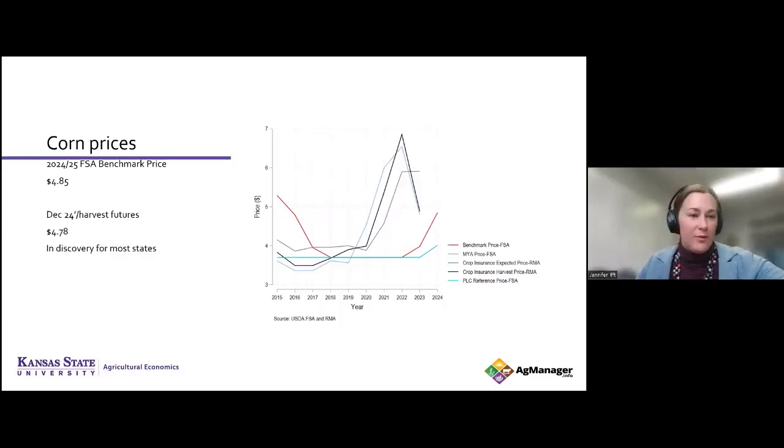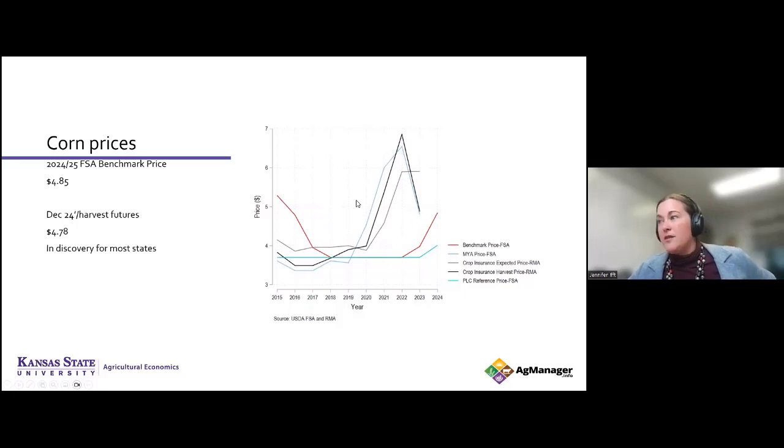So here we have corn prices. What this chart does is compare the FSA benchmark prices that go into ARC. We have the reference price down here, and then you have your crop insurance price in gray, and in black, that is your crop insurance harvest price.